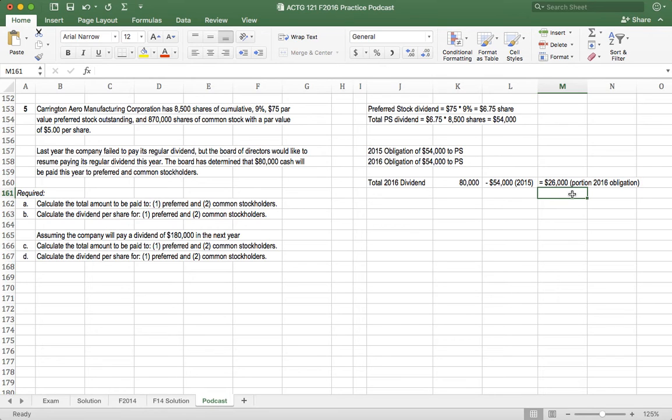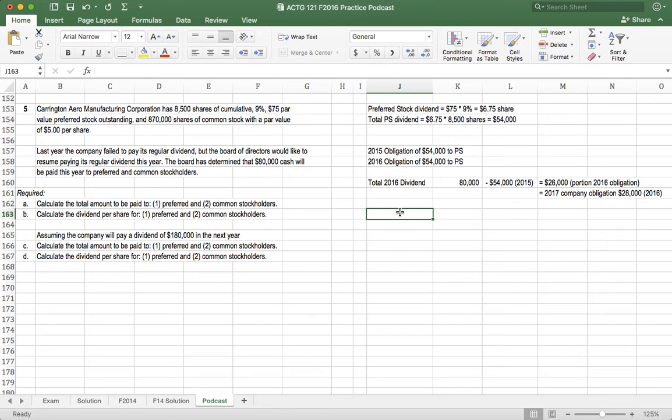So that means the company still has an obligation to pay the difference between what the obligation is, $54,000, less the $26,000 that they're going to pay them this year. So that means in 2017, or in the next year, the company has an obligation of $28,000 from 2016. I know, it's a little complex, isn't it?